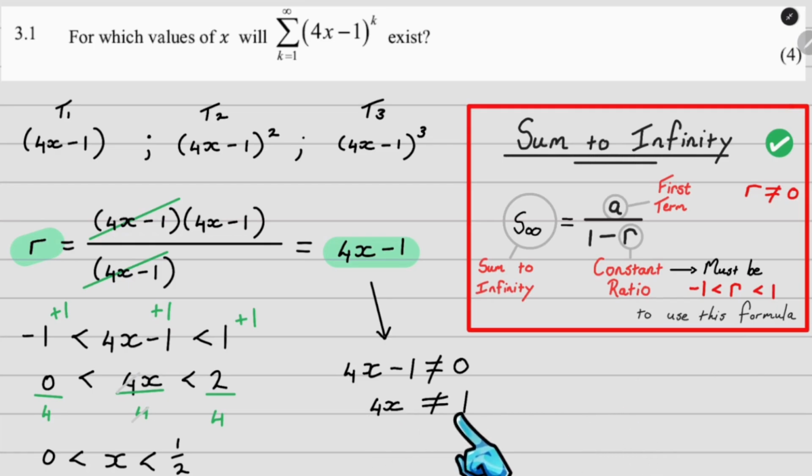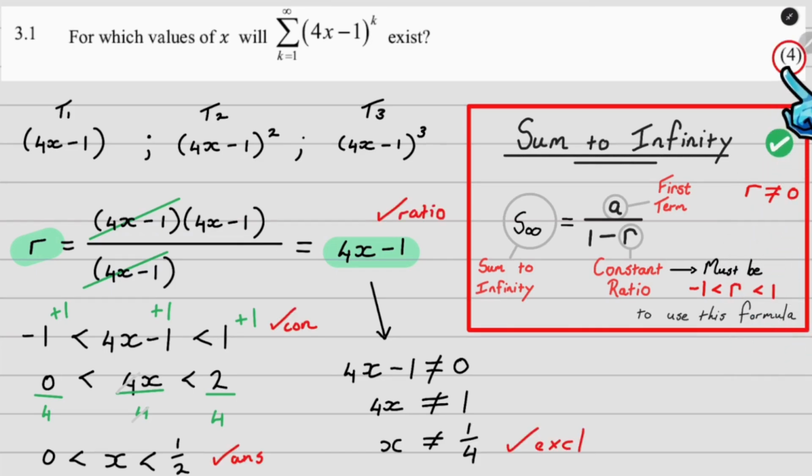And I divide both sides by 4. And I get x cannot equal a quarter. And then these 4 very hard fought marks will firstly come from the ratio, the condition that the ratio is in between 1 and -1, your answer, as well as the exclusion of a quarter.